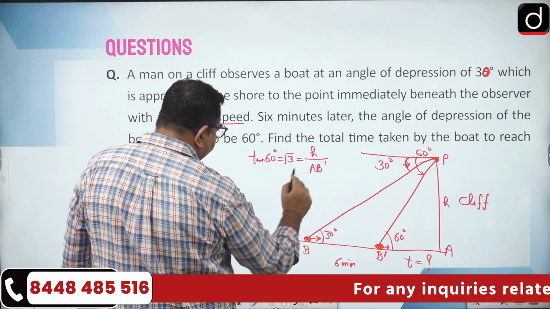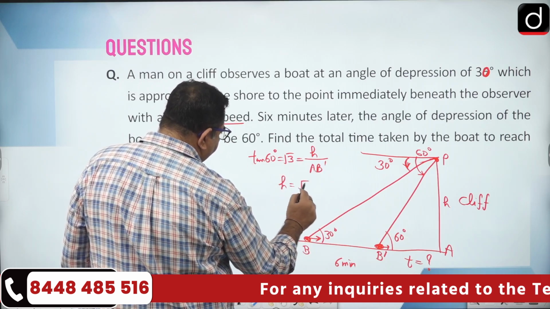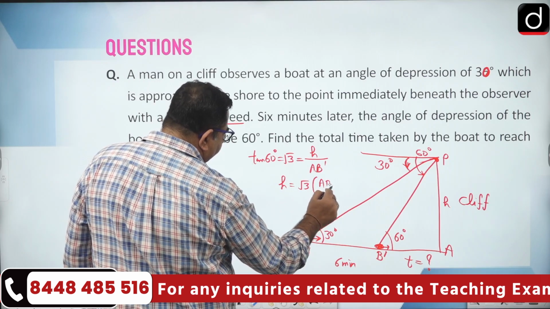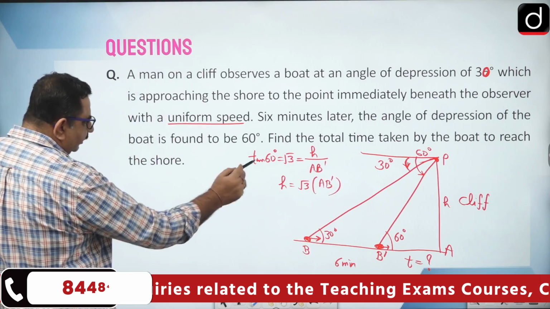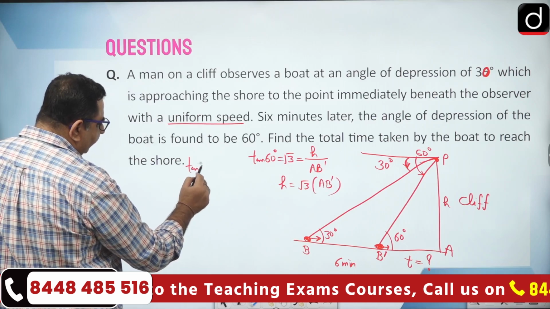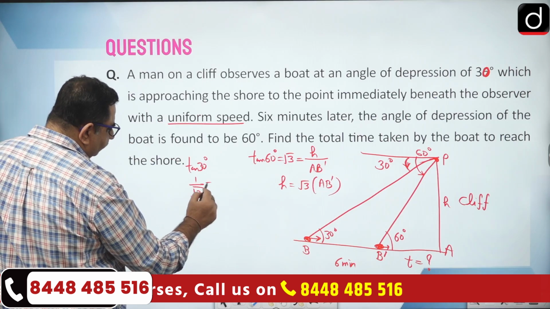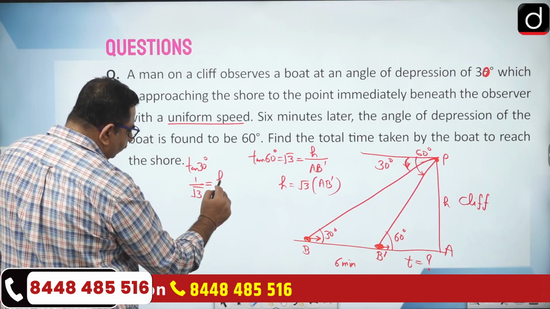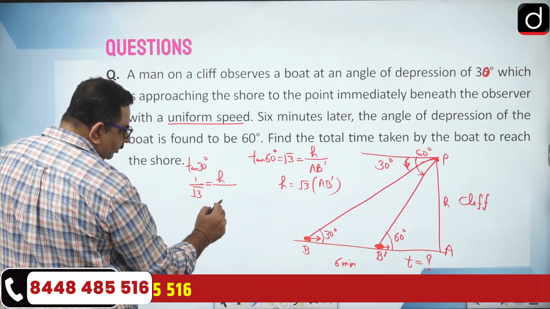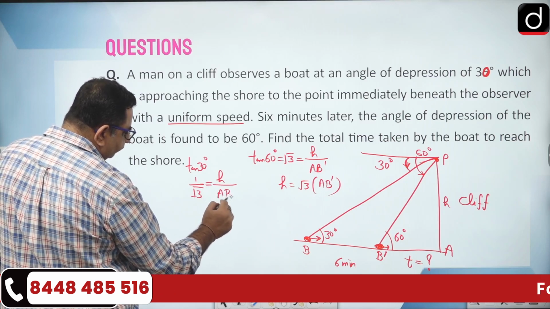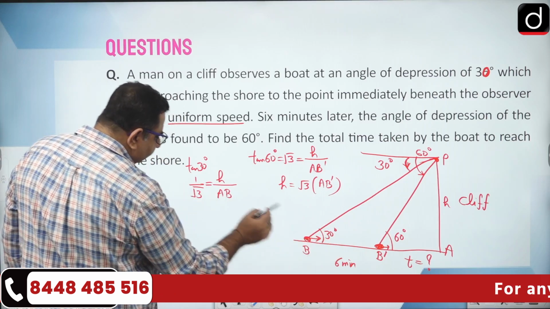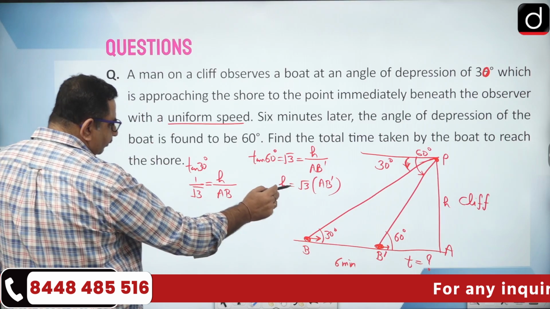So I know that h is equal to root 3 times AB dash, right? Then in the same manner, we can apply tan 30 degree, which is 1 by root 3, that is equal to h upon AB, right? Total base.